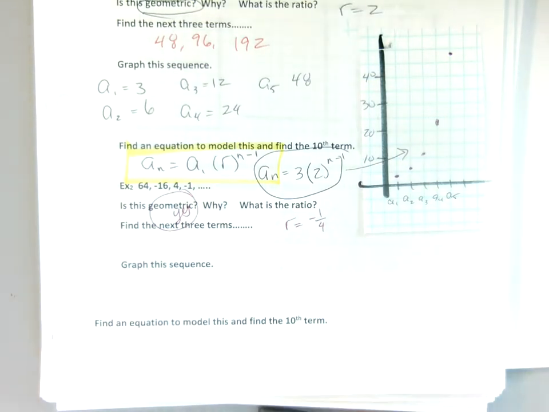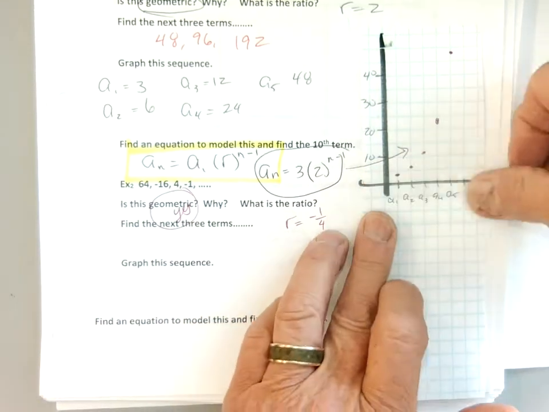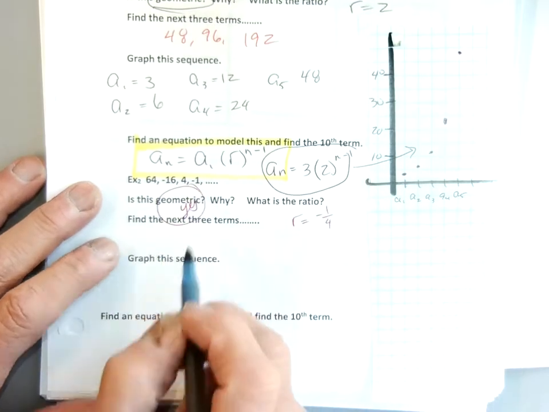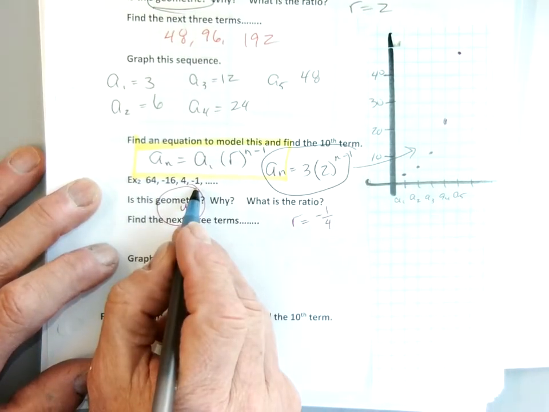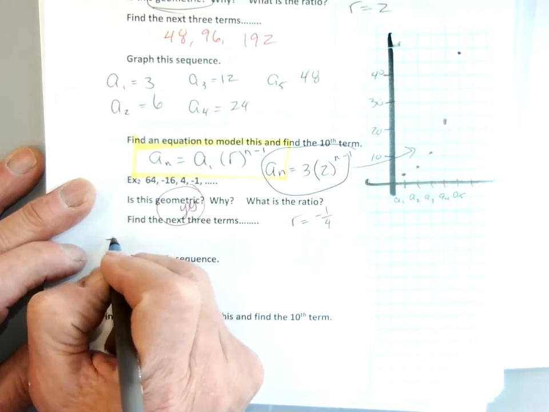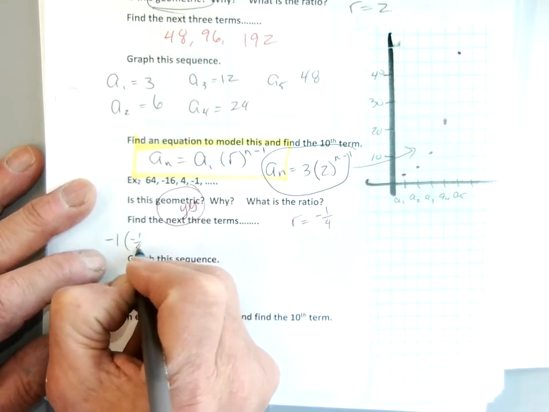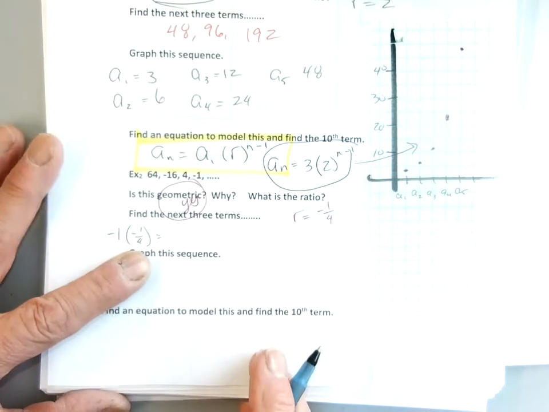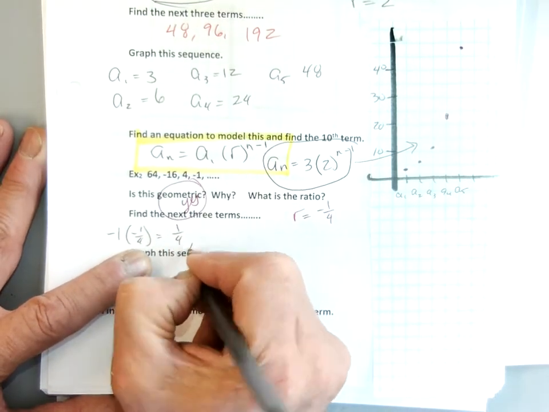If I graph this one, all right, hold on, let me get my graph paper out. Make a little graph of this one. Let's see what it looks like. I'm going to have to start way up at 64. Oh, I got to get the next 3 terms. Okay, what's my next term? Anybody know what my next term is? So I'm going to take negative 1 times a negative 1/4. Isn't that what Grace said? What's my next term? 1/4. Good. And then?